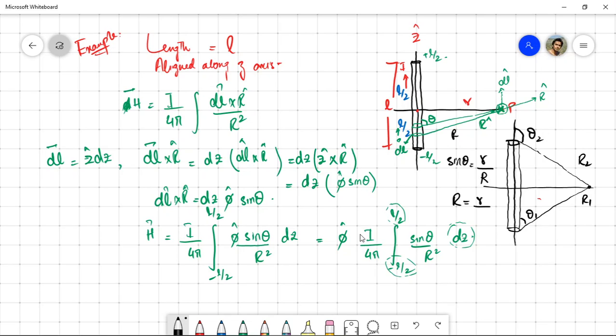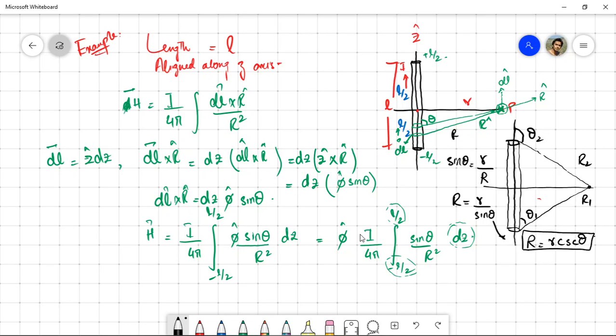Small r is capital R into sine theta, or we can say that the value of capital R is r cosecant theta. So this is how we can mention capital R in the form of small r and cosecant theta.